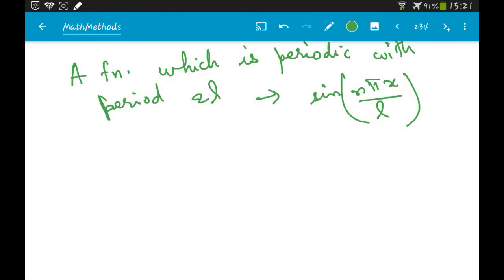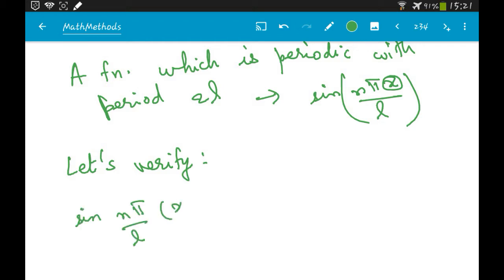So let's verify. We have sine n pi by L into x plus 2L. So this is our function. We are basically adding 2L to x.